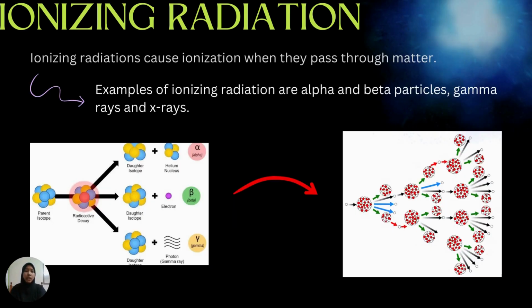Ionizing radiations cause ionization when they pass through matter. Alpha and beta particles and gamma rays are emitted spontaneously from the nuclei of unstable atoms during radioactive decay. Examples of ionizing radiation are alpha and beta particles, gamma rays, and X-rays.